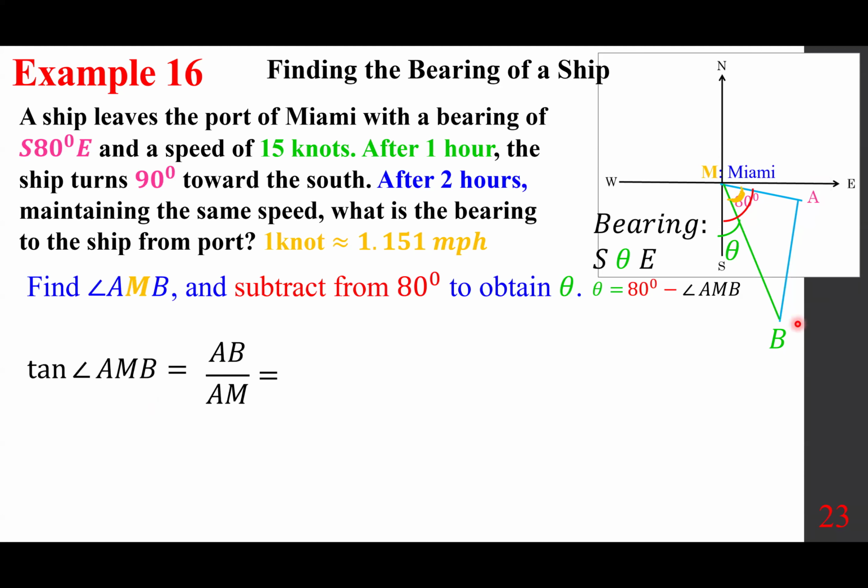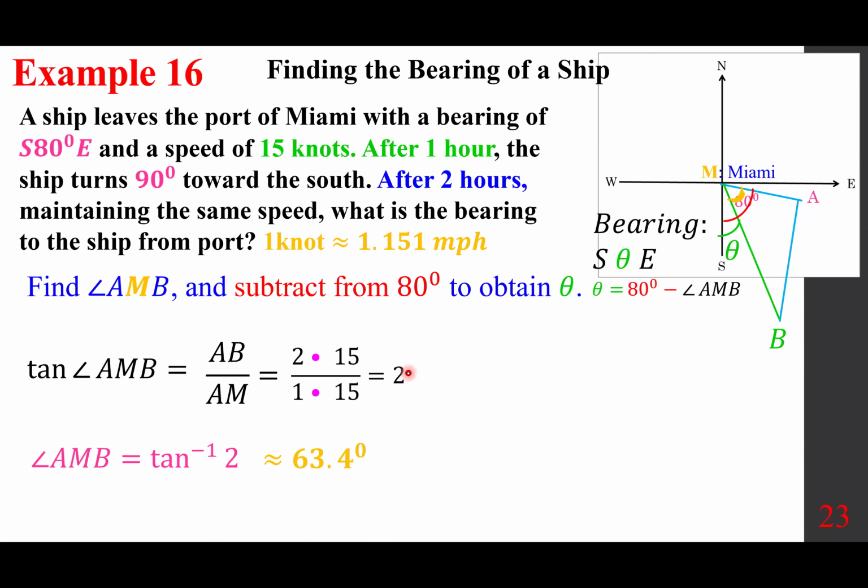As you can see, AB, because this was over the course of 2 hours, is 2 times 15. Doesn't matter that it's 15 miles per hour. We're going to use the same unit. So 2 times 15 is the top. AM, this distance we went for 1 hour, 1 times 15. So 2 times 15 over 1 times 15 becomes 2. And obviously, the angle would be tan inverse of 2.